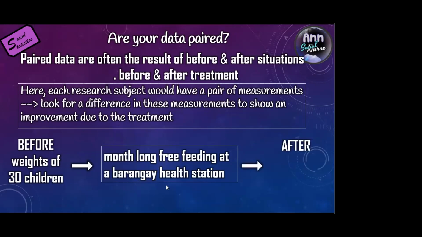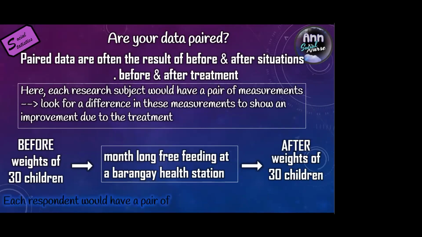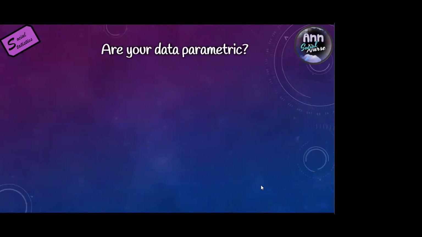Then you obtain the weight thereafter a month. So each respondent would have a pair of readings of weight before this treatment and after the treatment. This would be paired data. And we can name this for our purposes of computation: before is X and after is Y.